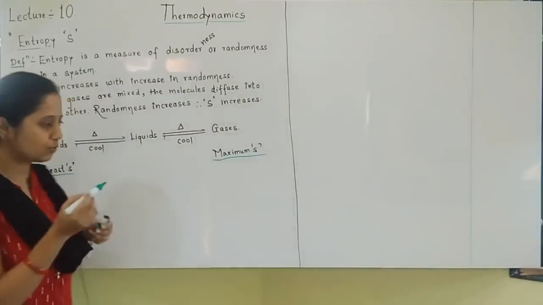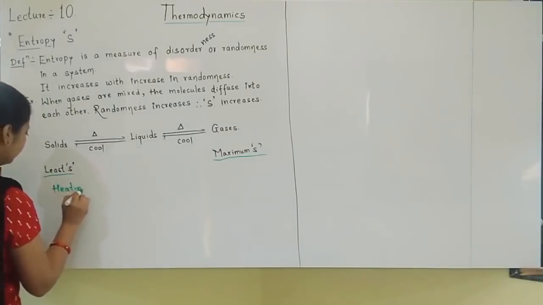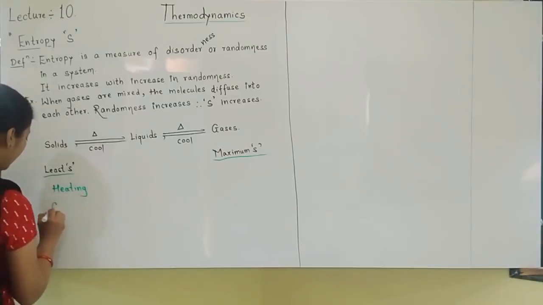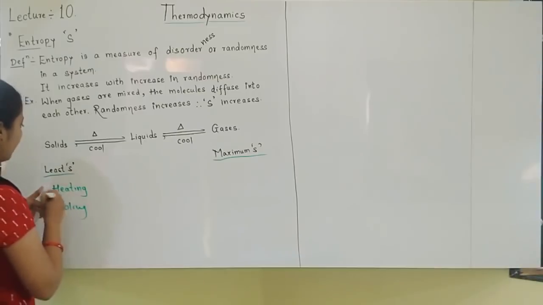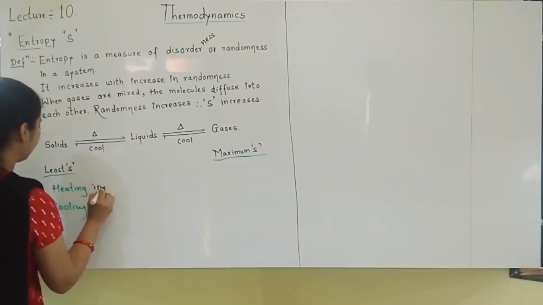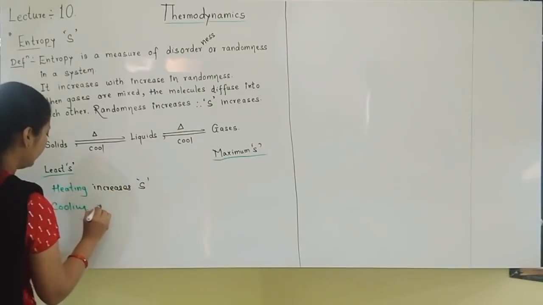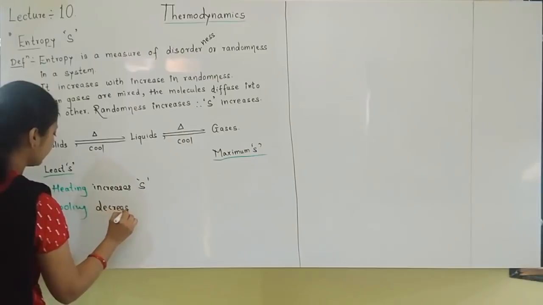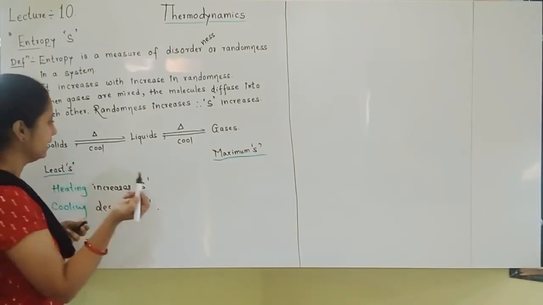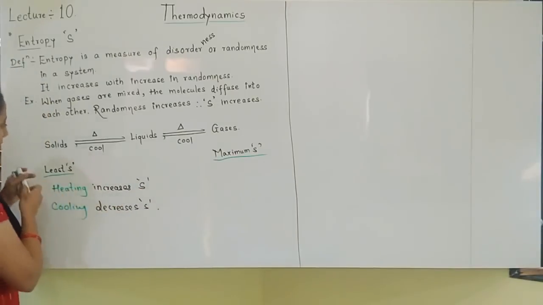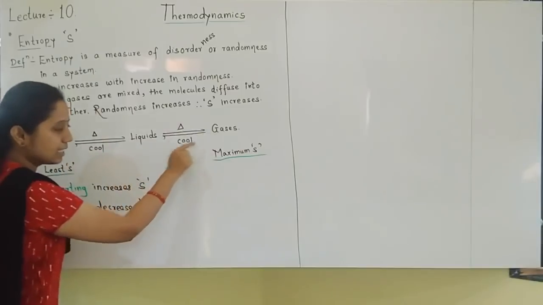So we can conclude, students, that heating increases entropy, cooling decreases entropy. Understand the topic, the topic is very easy. Solids to liquids to gases, entropy goes on increasing.